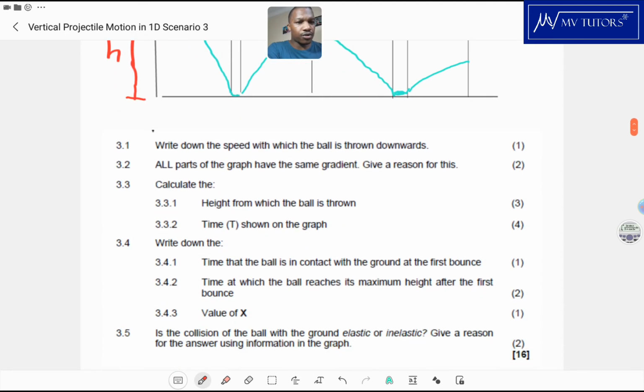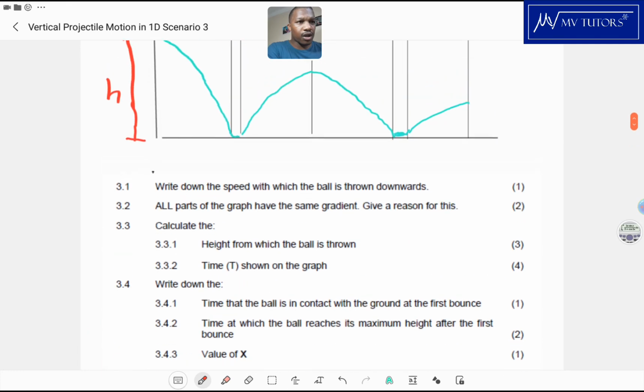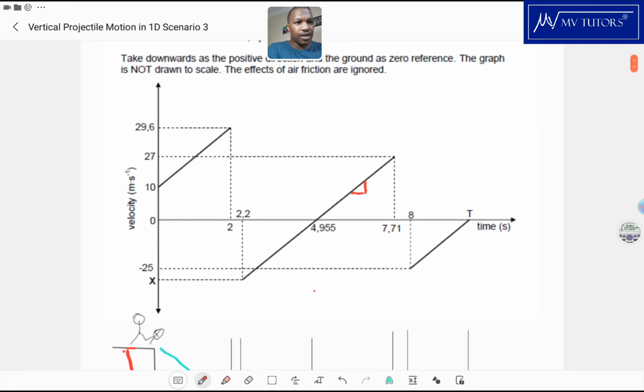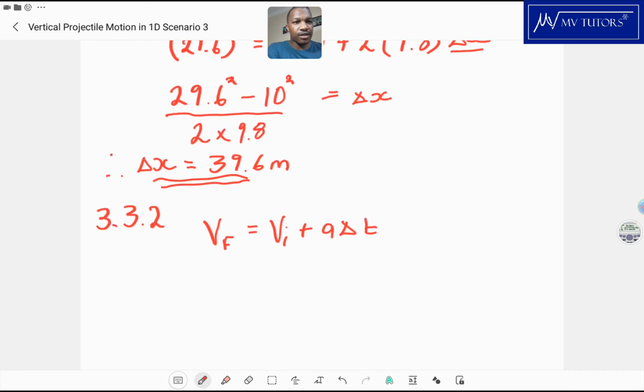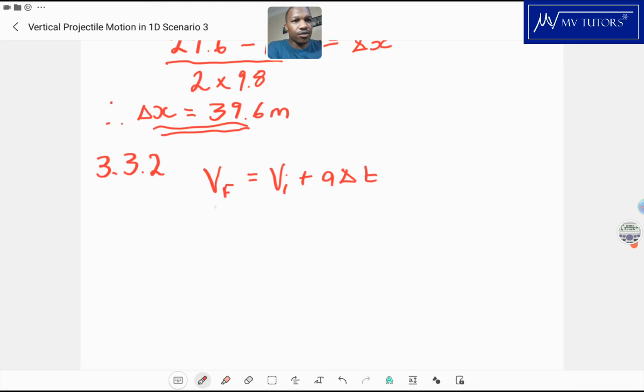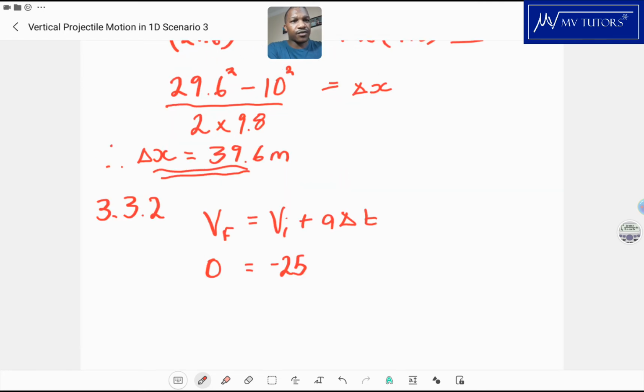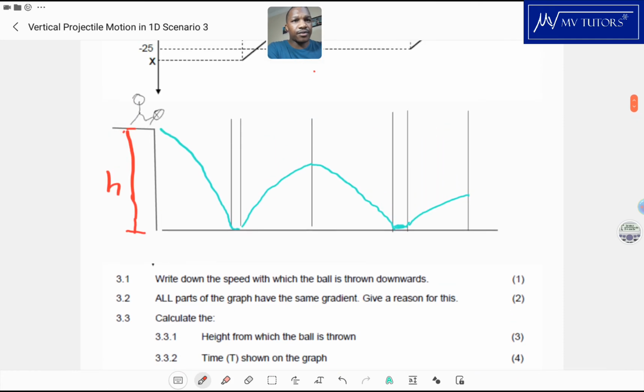Sorry, let me check this. The initial one is minus 25, not 8. 8 is the number of seconds. So final is 0. The initial velocity, velocity is a vector, so it comes with direction. It's magnitude and direction. That's a vector. So in this case, it's minus 25. How do we know that?